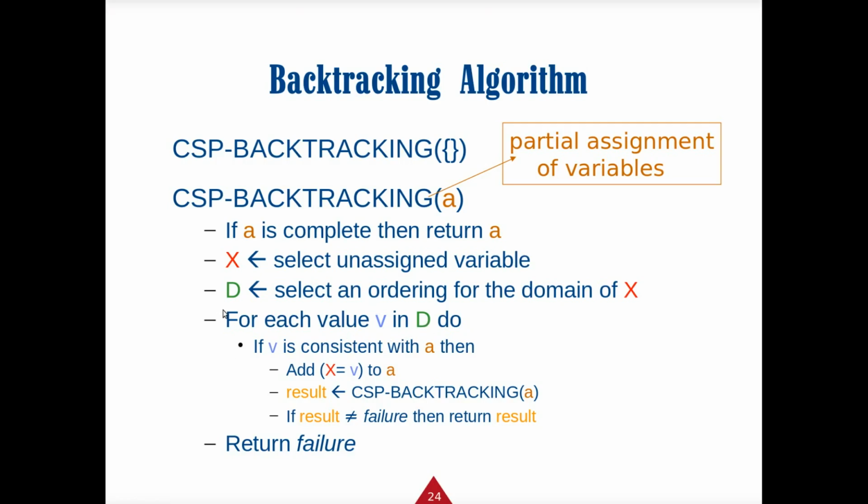And if V is consistent with A, then you add V to the X space, and then you call the backtracking again. And if the result is not a failure, then you return the result. And so you keep on doing this loop until you get through it, and then you return failure if there's a failure.